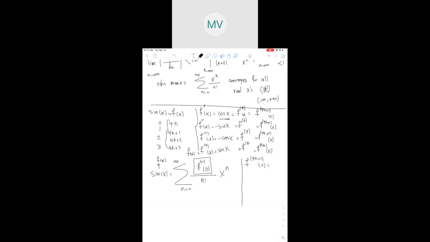Well, that's 1. The 4k plus 2 derivative at 0, since it's negative sine, that's 0. 4k plus 3, that's negative 1. It's right here. And the 4k derivative is also 0.